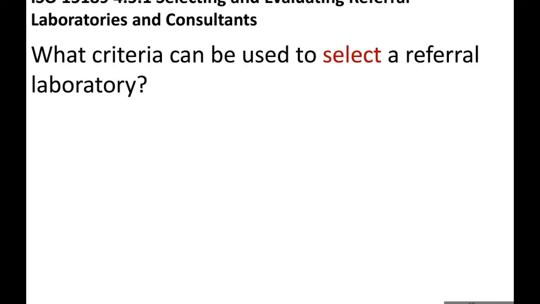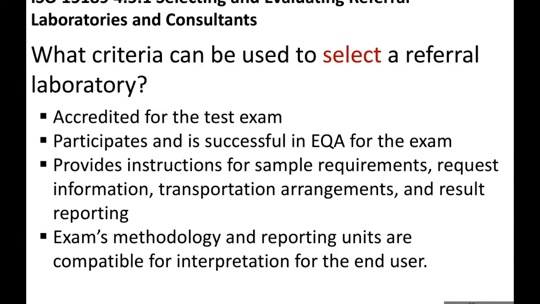So in subclause 4.5.1 of ISO 15189, it goes further to talk about how we should evaluate and select referral laboratories and consultants, and it provides some criteria, including looking to see if the test that you want them to perform for you is accredited.